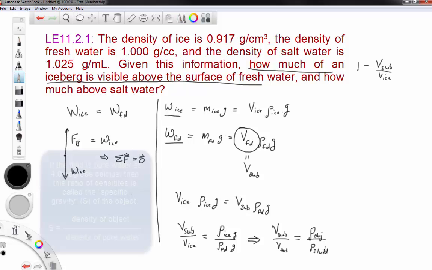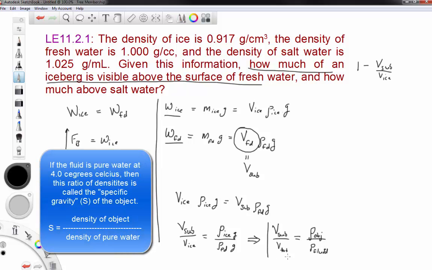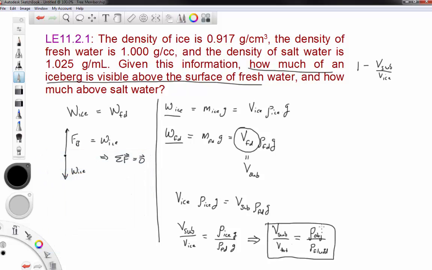So this is a true principle in general. Again, this is a consequence of buoyant forces, which is a consequence of Archimedes' principle. The more fundamental principle here is knowing how the buoyant force works and knowing how Newton's first law works. The consequence is this equation.